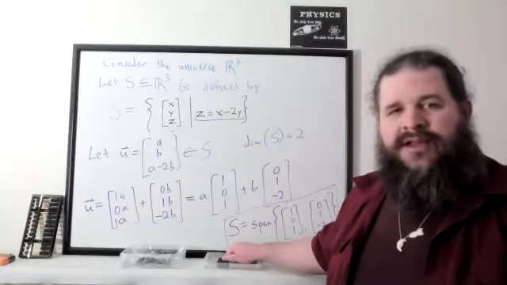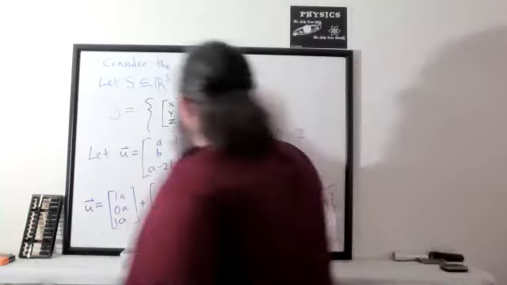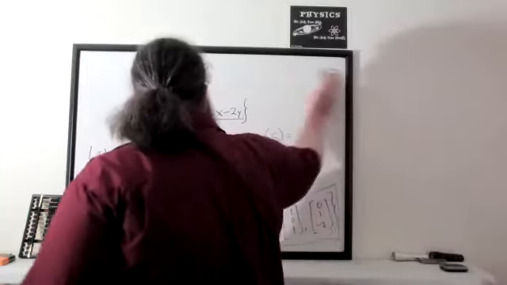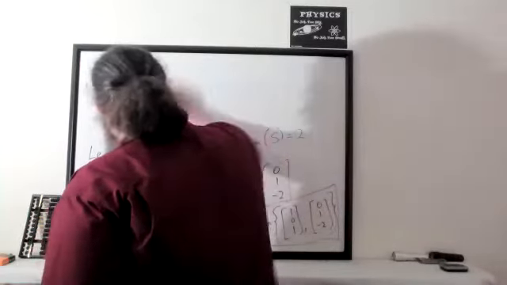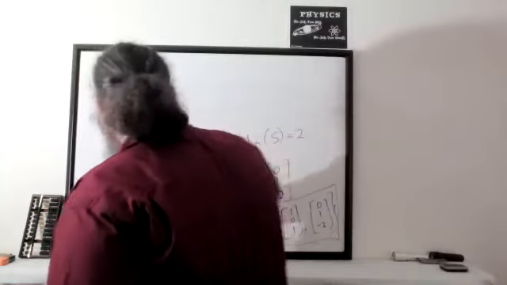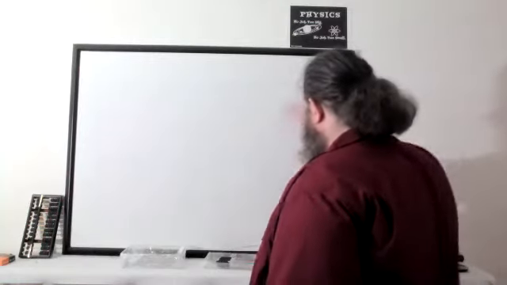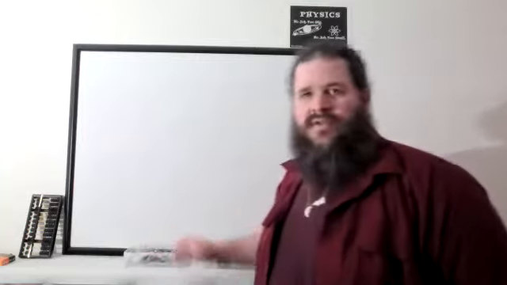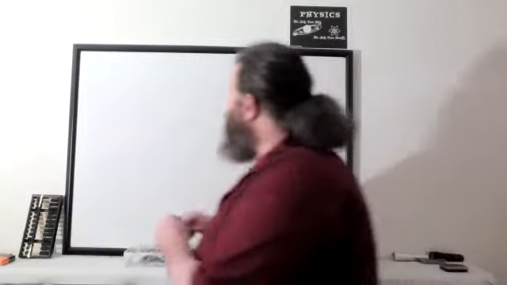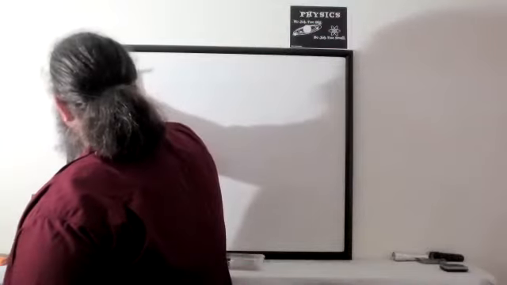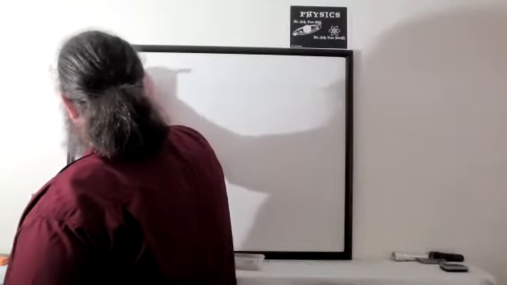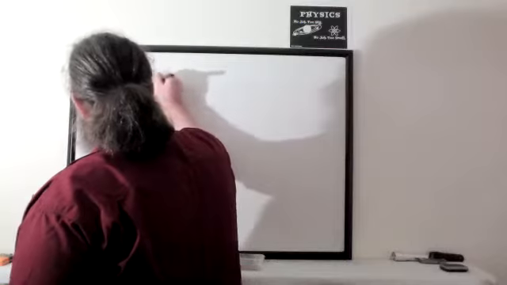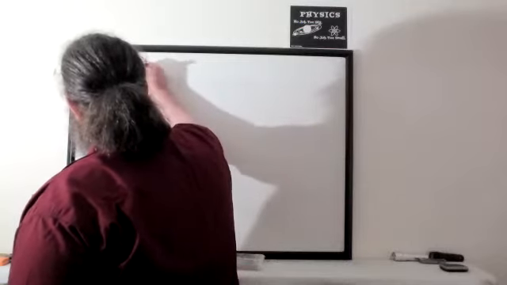All right, let's try applying this to the idea of a null space of a matrix. Let's say we've got some matrix. I'm not going to worry too much about what it is right now. Let's just say we row reduce it all the way to reduced row echelon form.